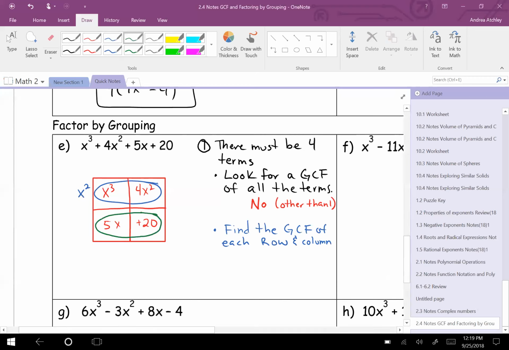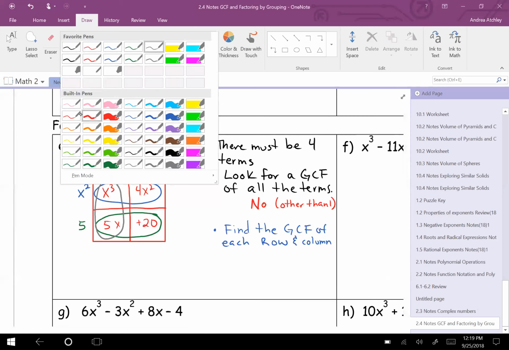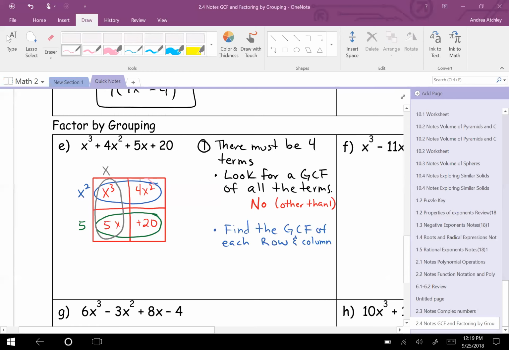What's the GCF here? 5. Okay, so I just found the GCF of the 2 rows. Now let's find the GCF of the column. X cubed and 5x, what do they have in common? Just an x. Okay, what about 4x squared and 20? 4. And it's a positive 4, so I'm plus 4.